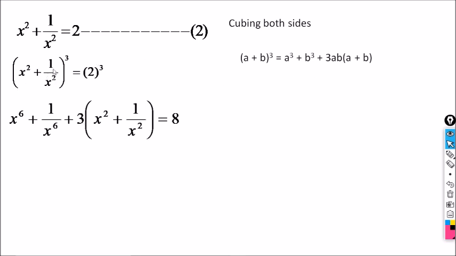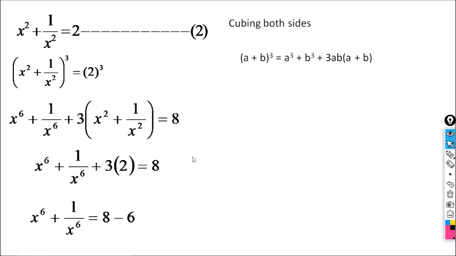Here a is x square, b is 1 upon x square, which will cancel out. So we'll have 3 times (x square plus 1 upon x square) is equals to 8. Here the value of x square plus 1 upon x square is 2. We resubstitute this value as 2, and by solving this further, we get x^6 plus 1 upon x^6 as 2.